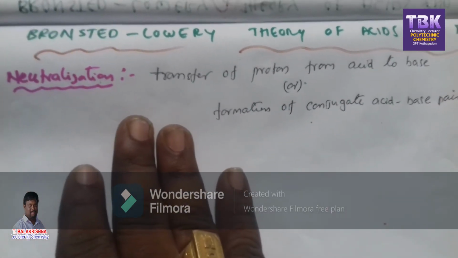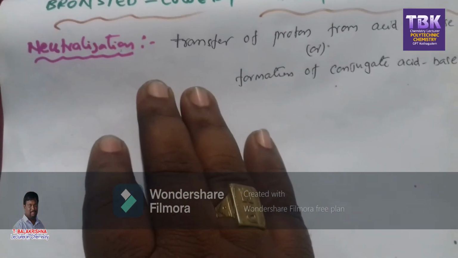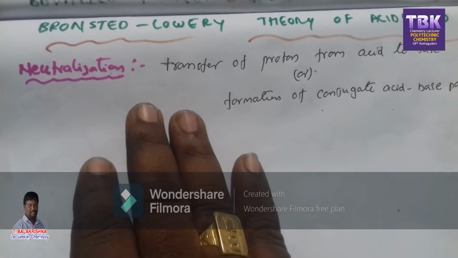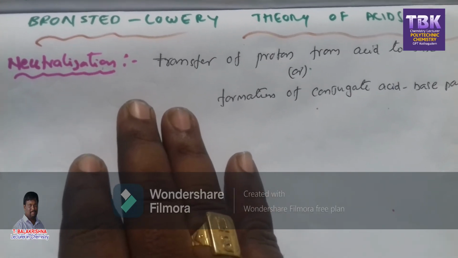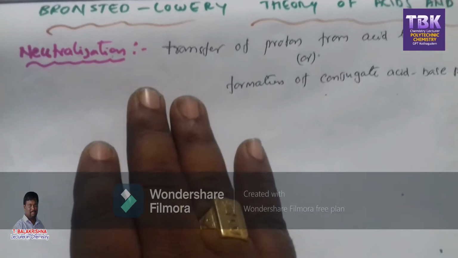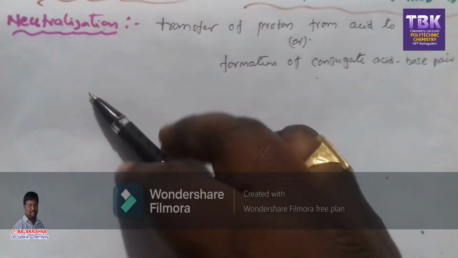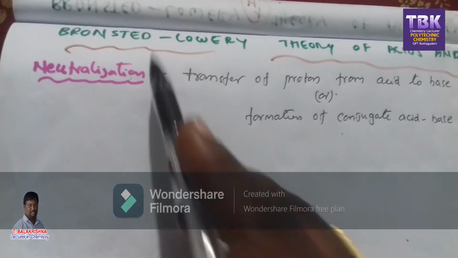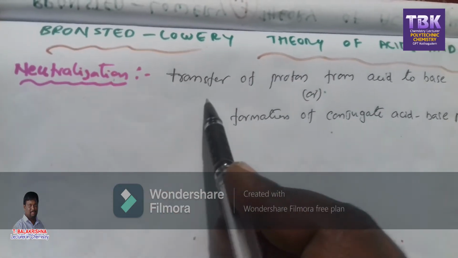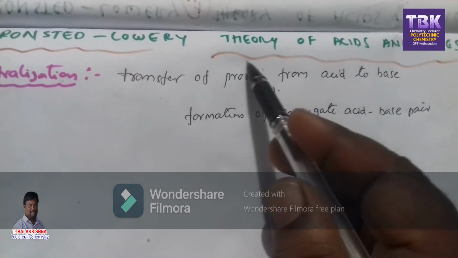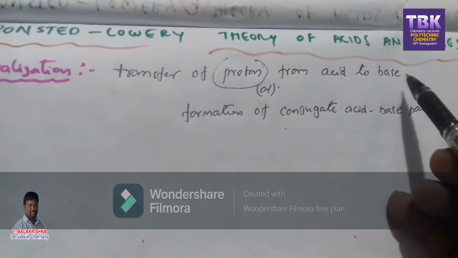According to the Arrhenius theory, neutralization reaction is when an acid reacts with a base to produce salt plus water. But according to the Bronsted-Lowry theory, it is defined as the transfer of a proton from acid to base.